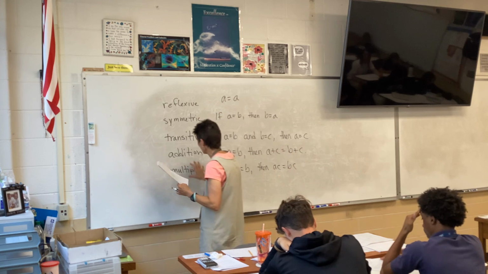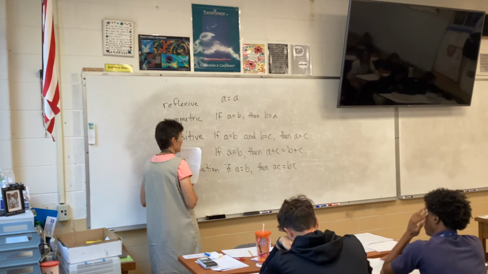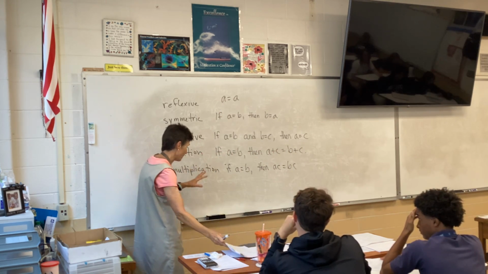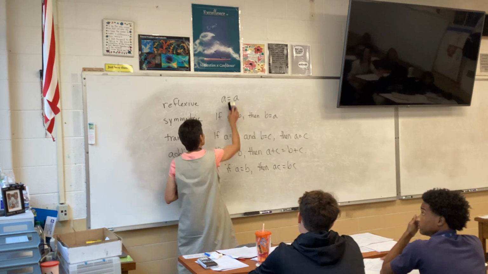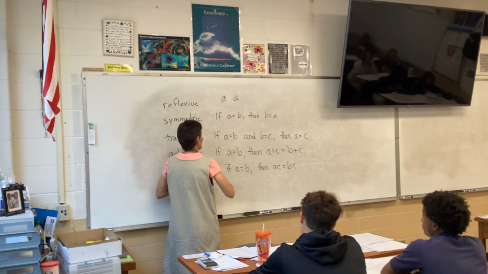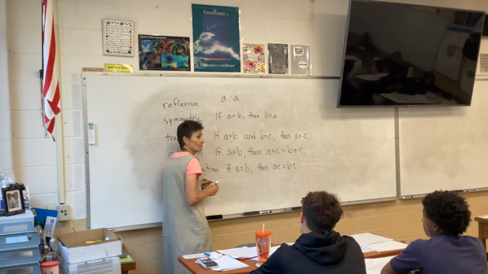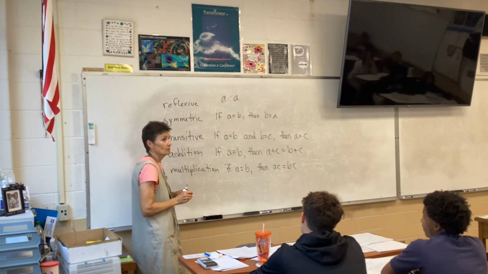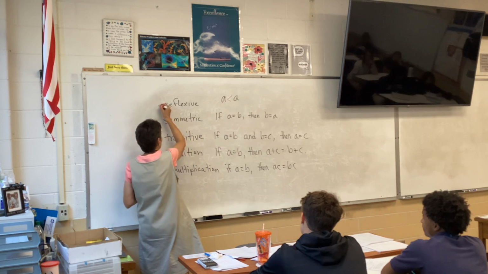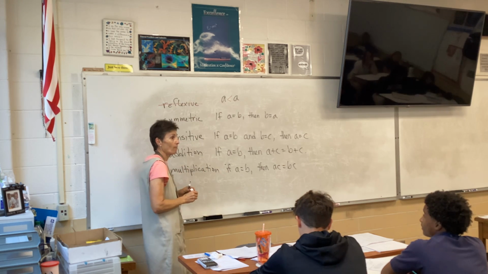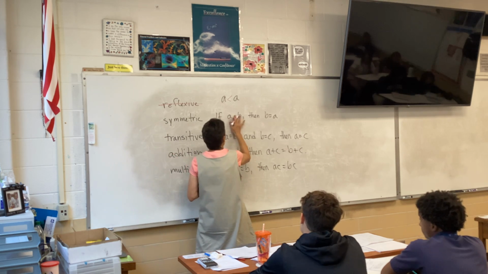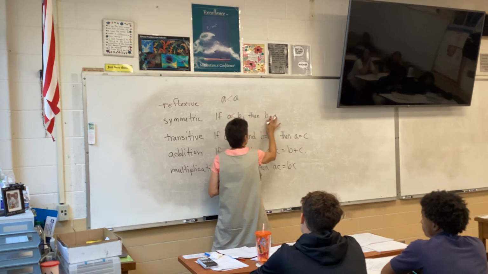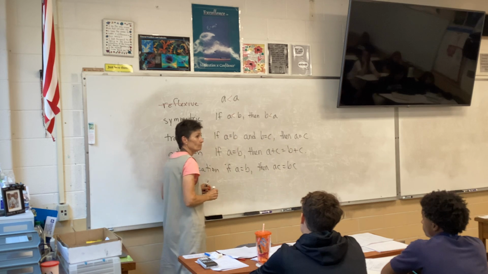What are the properties of inequality? These are the properties of equality. Now, since I have them written up here, if they're a property of inequality, we should be able to change the equals to, let's say, a less than. Is that true? No. So there is no reflexive property for inequality. Is that true?